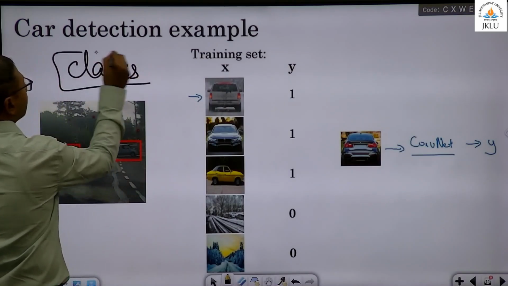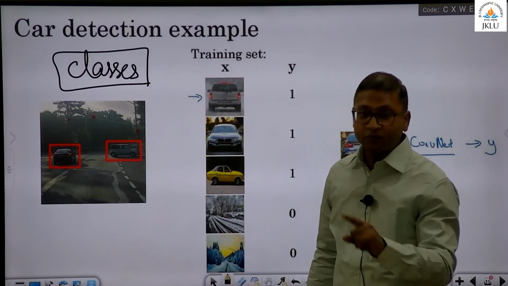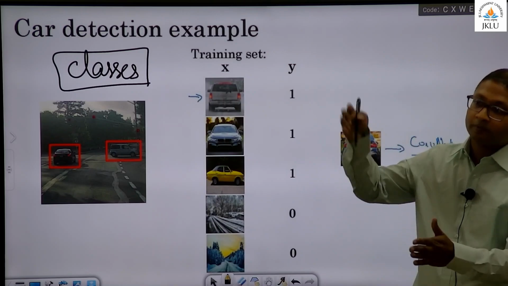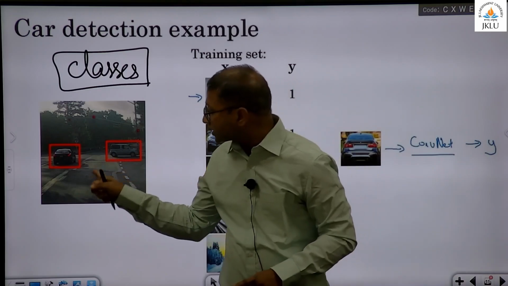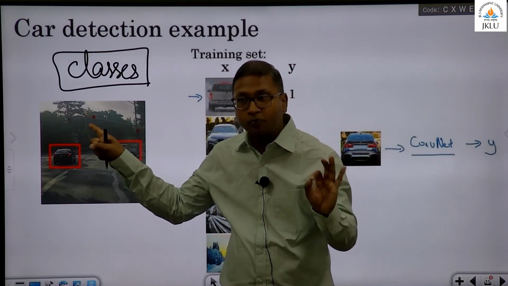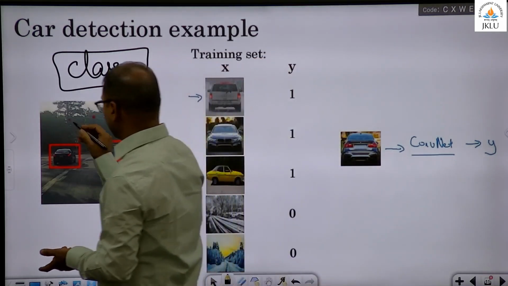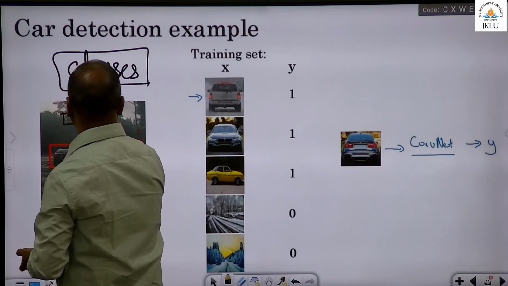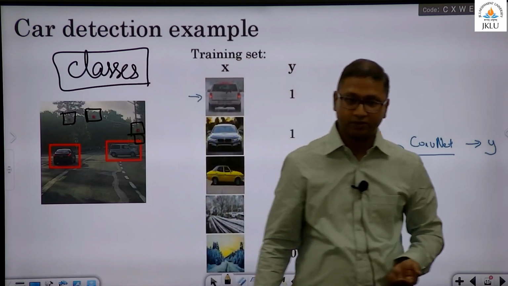Anything outside the classes is not my object but belongs to background. Okay. So for example, roads and trees here, if they are not part of my classes, then they belong to background. But let's say again, if traffic lights are, then I am supposed to detect and put a bounding box against them as well.